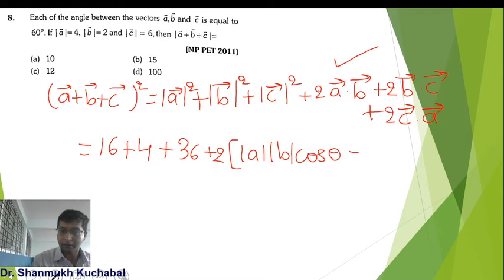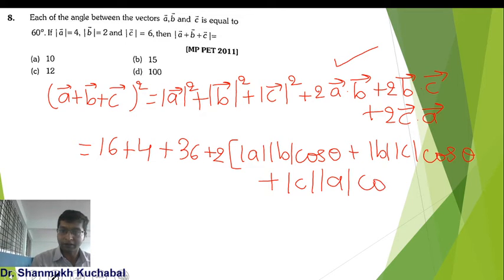Similarly, next one, magnitude of vector B, magnitude of vector C into cos theta. Next, magnitude of vector C, magnitude of vector A into cos theta. Theta is 60 degrees.